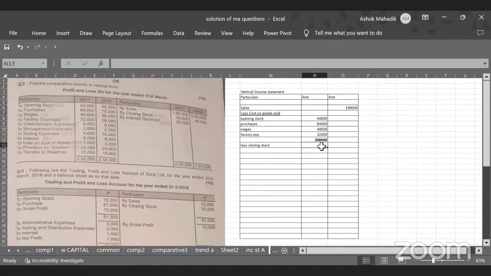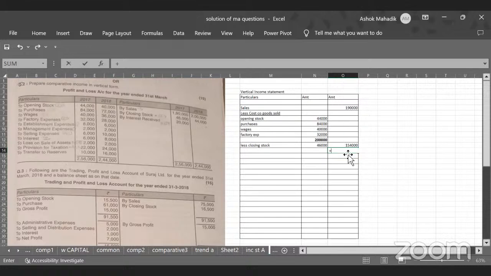So the net amount is COGS. So 2 lakhs minus 46,000 gives us 1,54,000 as our COGS. This is COGS. I hope you understood this.